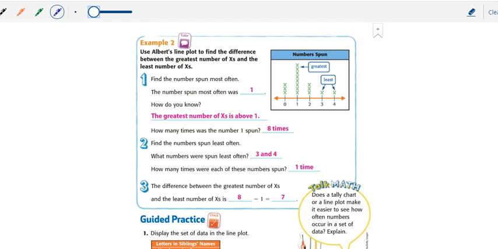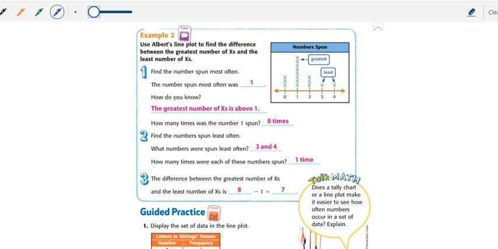The number spun most often was the number 1. Why the number 1? Because it has the more x's. How do you know this? The greatest number of x's is above the number 1. How many times was the number 1 spun? 8 times, okay?